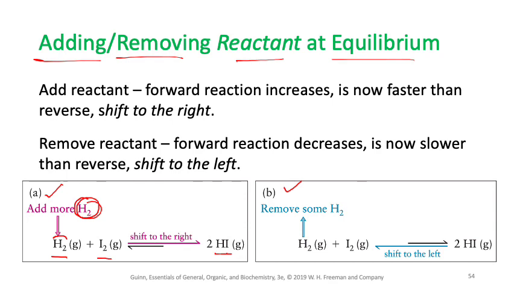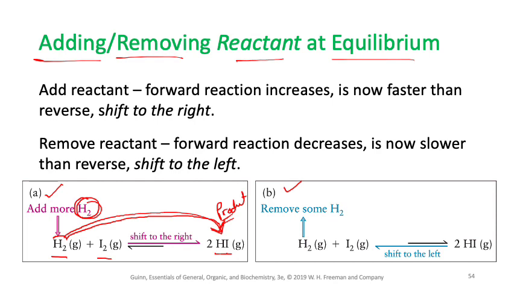So the reaction will go more toward the product side because it needs to consume the extra hydrogen that we added, to return to the same concentration that we had before we added any reactant. That means the reaction will go away from the disturbance to neutralize it. So it's going from left to right, making more product.